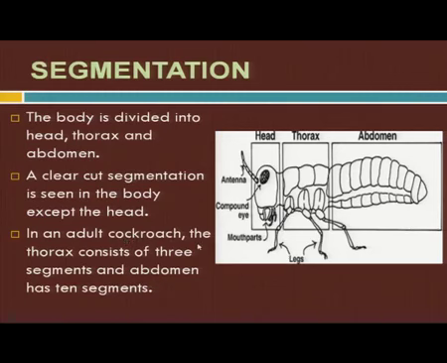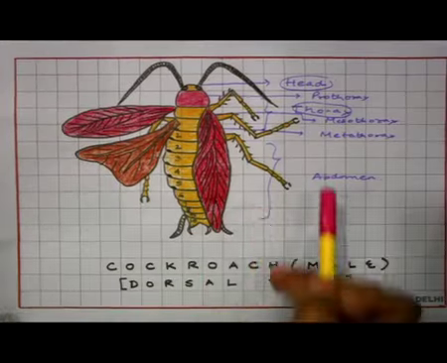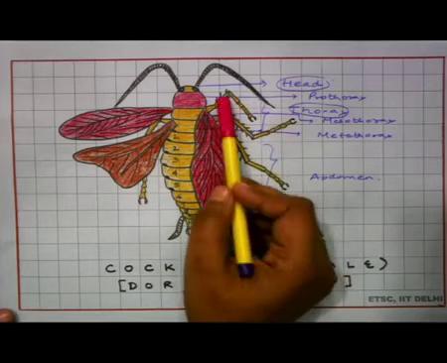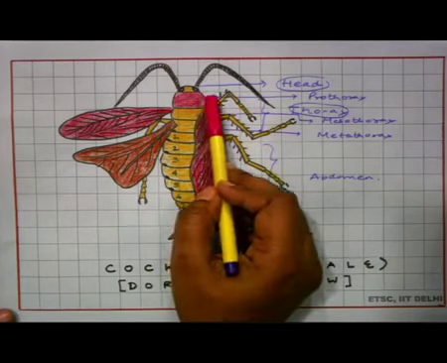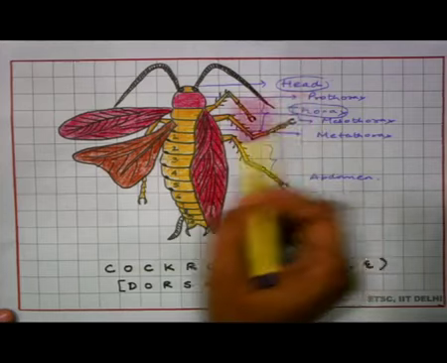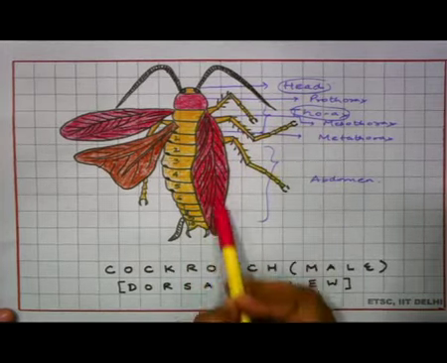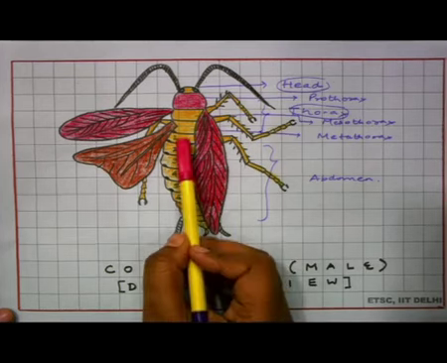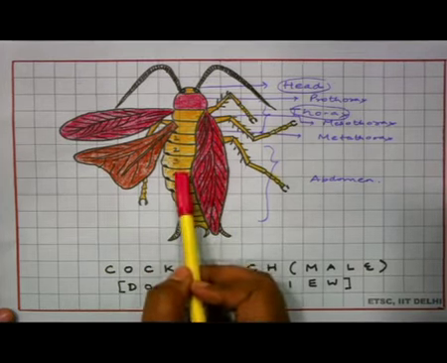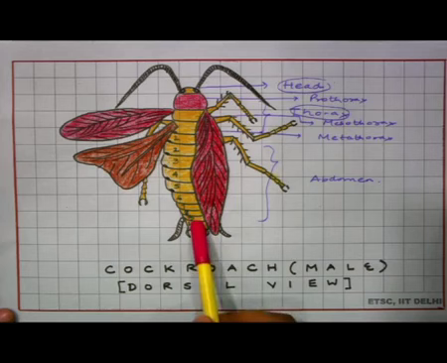In an adult cockroach, the thorax consists of 3 segments and the abdomen has 10 segments. As I told you, the thorax can be divided into 3 parts on the basis of the 3 segments: prothorax, mesothorax and metathorax, and the abdomen has 10 segments, numbered 1, 2, 3, 4, 5, 6, 7, 8, 9, 10.